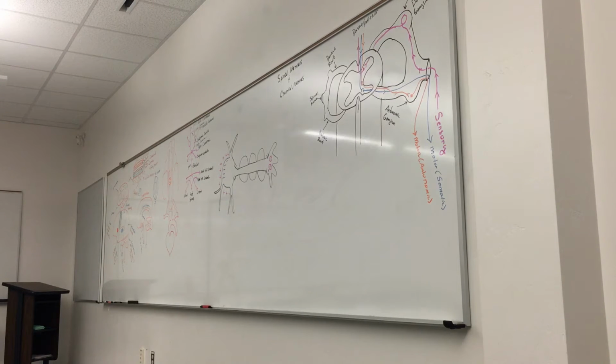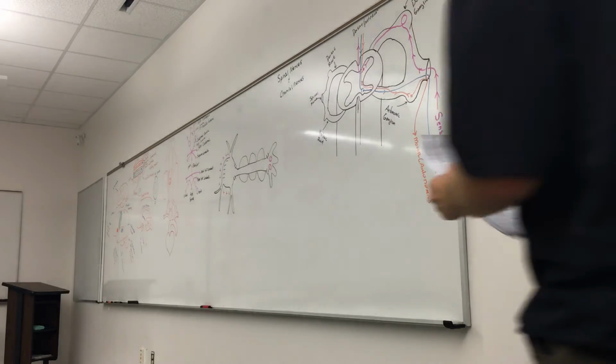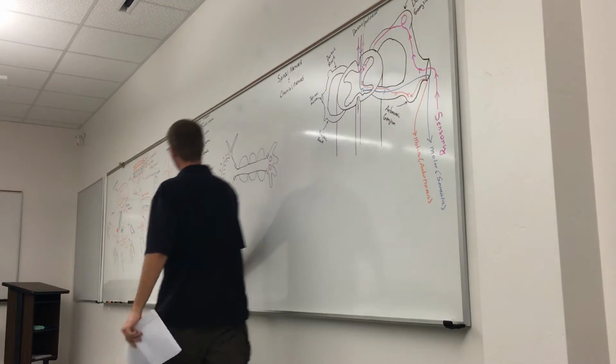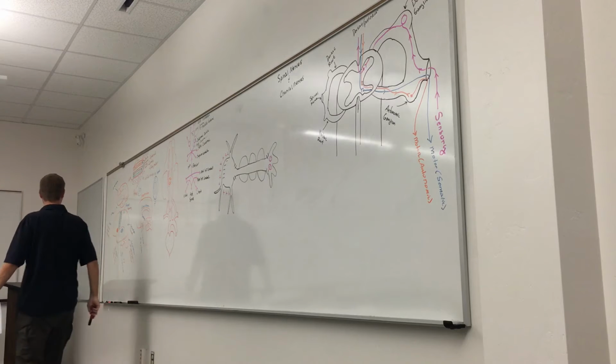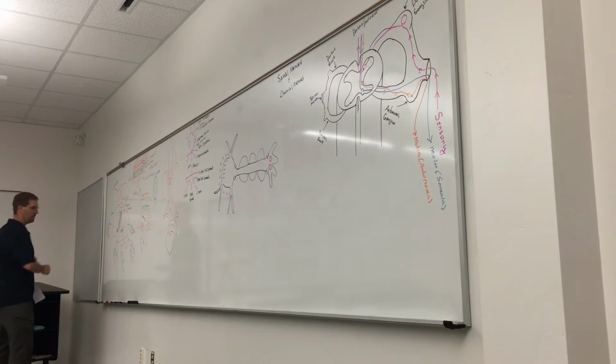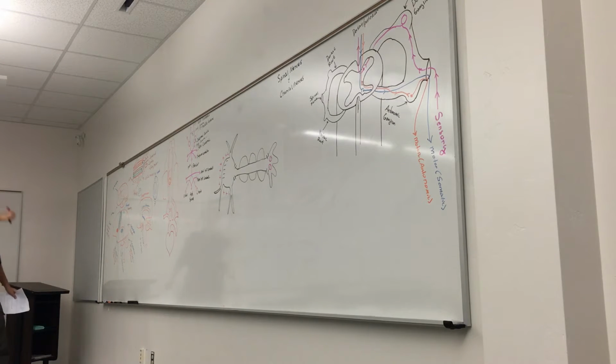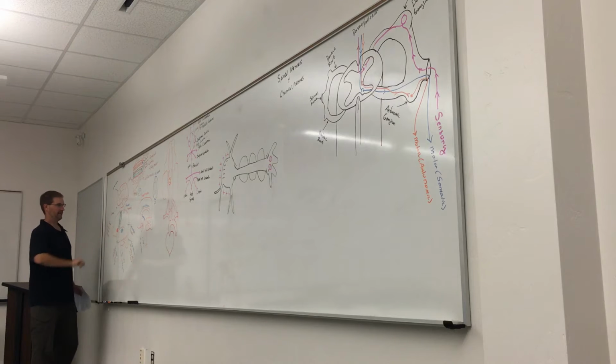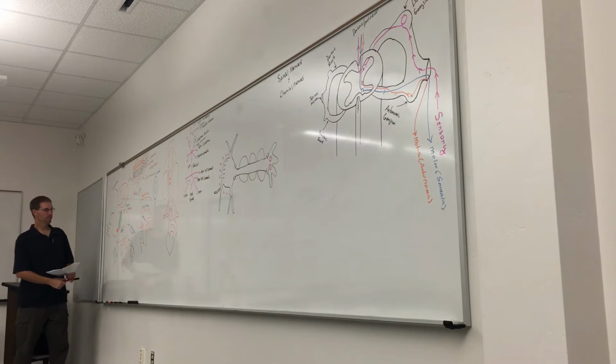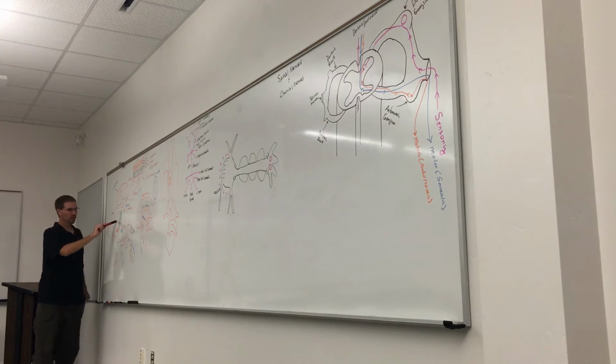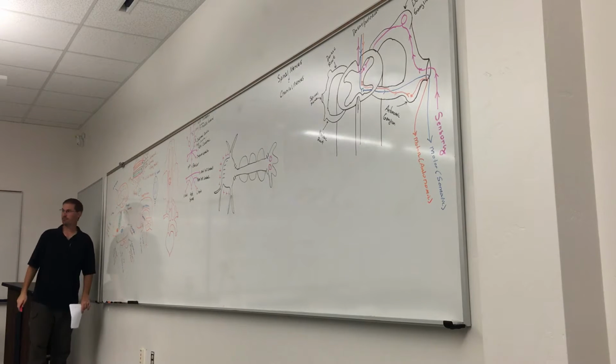All right, so let's go ahead and just finish up talking about the areas of the brain. There are 4 specific areas that I want you to be aware of when looking at the cerebral cortex. You have 2 areas within the frontal lobe, an area within the parietal lobe, and then an area within the temporal lobe.